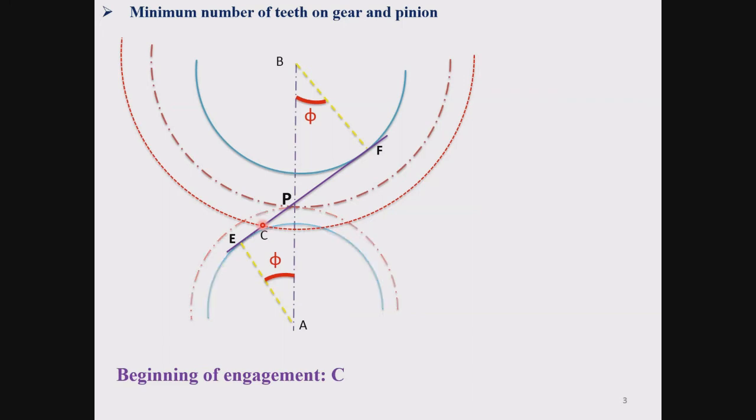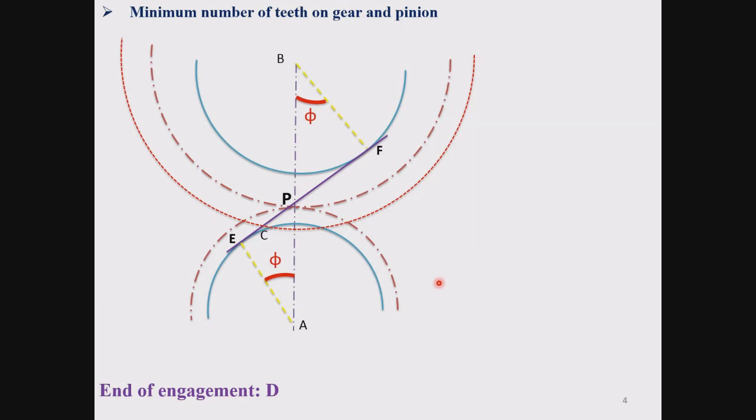Next, we will mark the point of end of engagement, that is point D. A pair of teeth will cease the contact where addendum circle of driving gear intersects the pressure line.